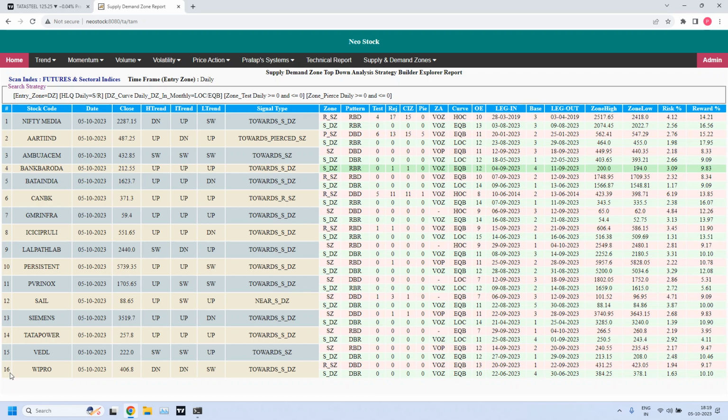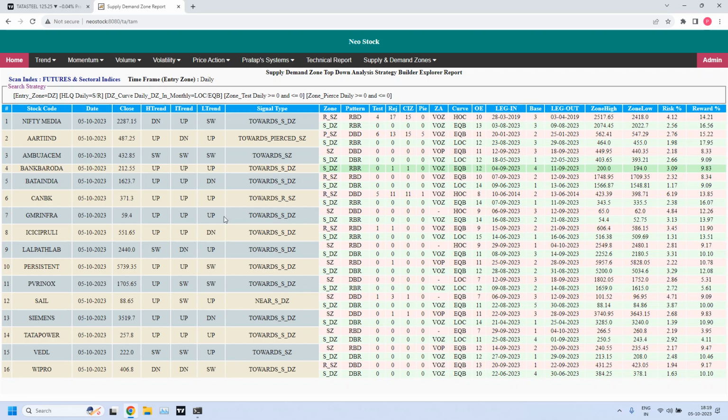But see this list, 16 stocks. All these 16 stocks are not near a demand zone. Some are near the demand zone, some are near the supply zone, some are in between, some are inside the demand zone, some are inside the supply zone.